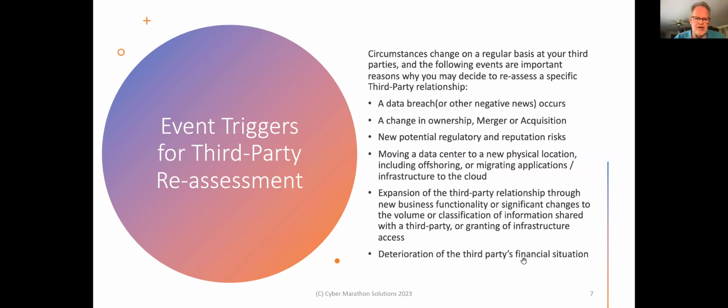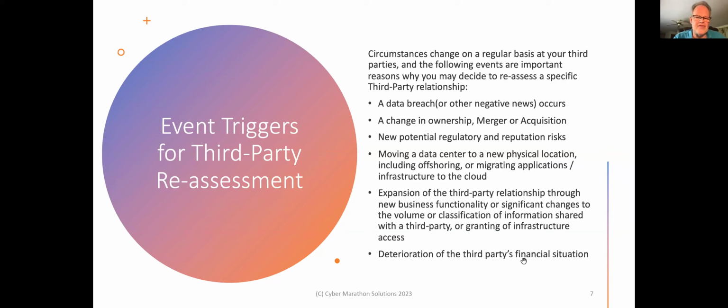Another source of triggering a third-party reassessment is new potential regulatory or reputation risks. We're on the cusp of a new third-party guidance being issued in the banking sector by the FFIEC, and that should be forthcoming very shortly.